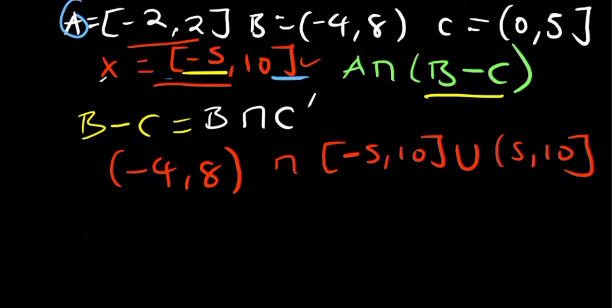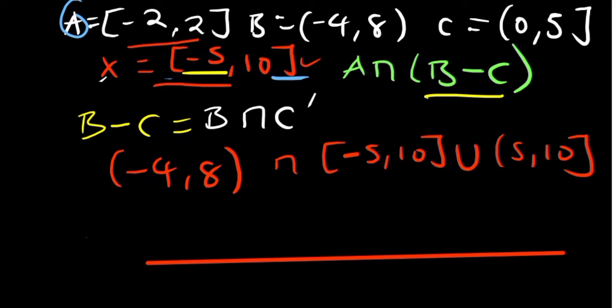To avoid confusing you, I'll just sketch so that you get to see what's going to happen. That's our number line. What are we saying for our C complement? How is it moving? It's moving from -5 all the way up to 0.